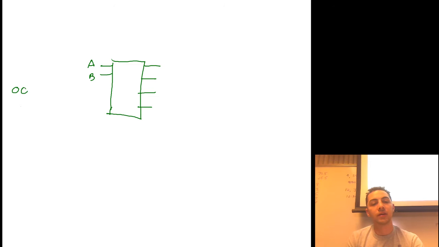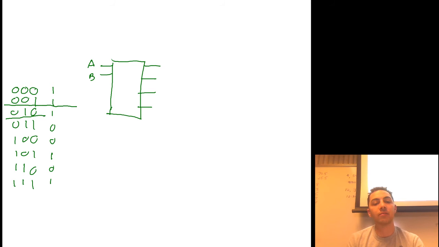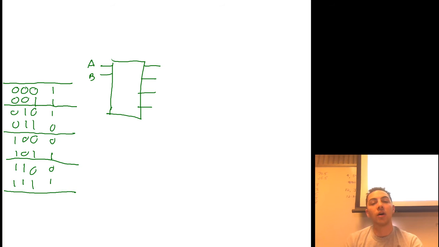So let's look at the truth table that we would have seen for those min-terms, min-term 0, 1, 2, 5, 7. All we've got now is A and B hooked up, like so.